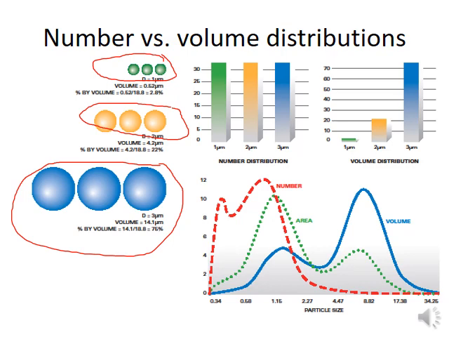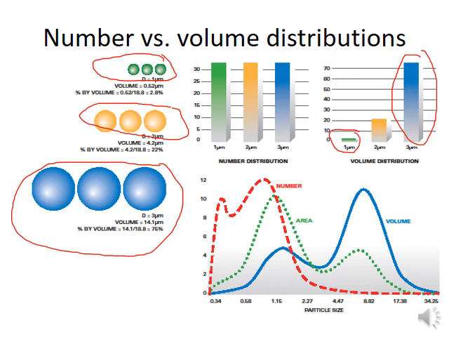However, if we calculate the volume distribution, you will find that the volume of small particles is extremely small compared to the volume of large particles. Therefore, the percent by volume of the large particles is huge compared to the percent by volume of small particles.